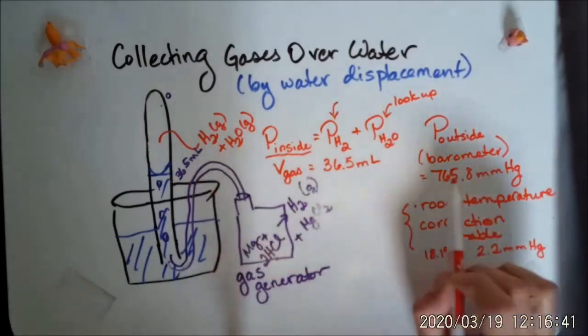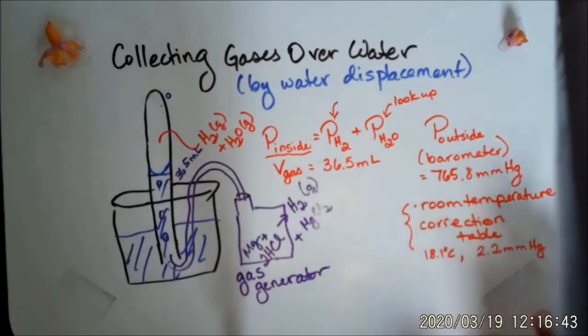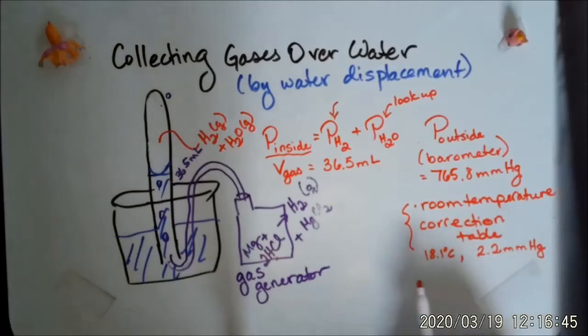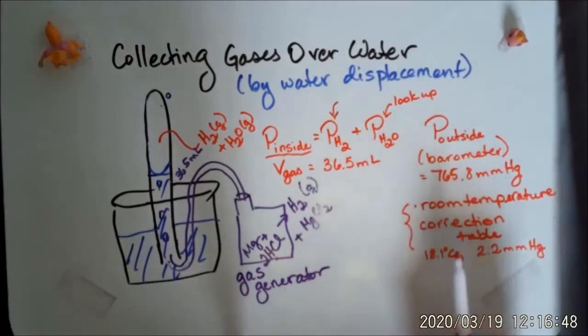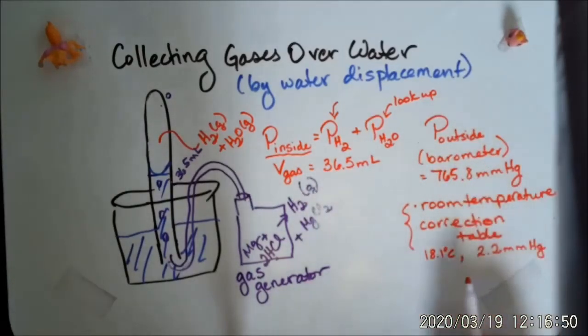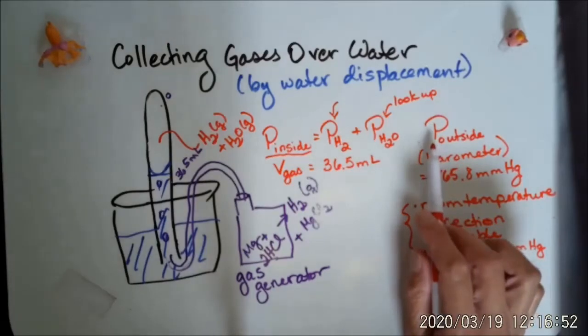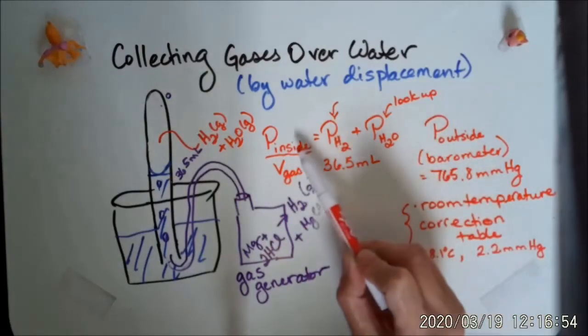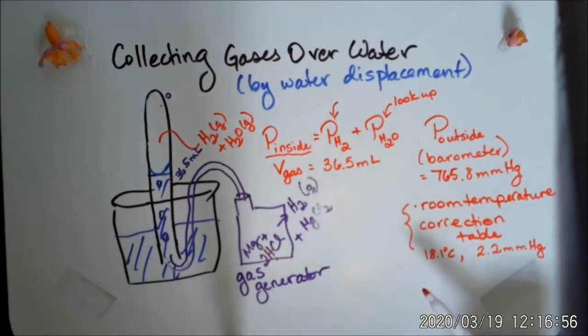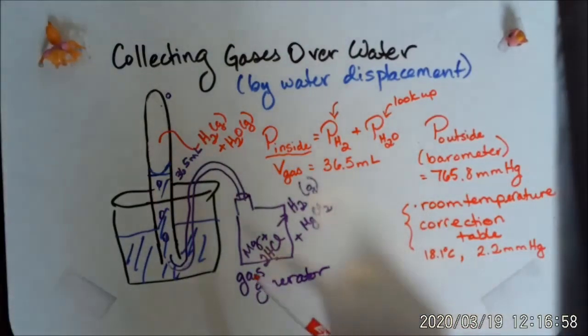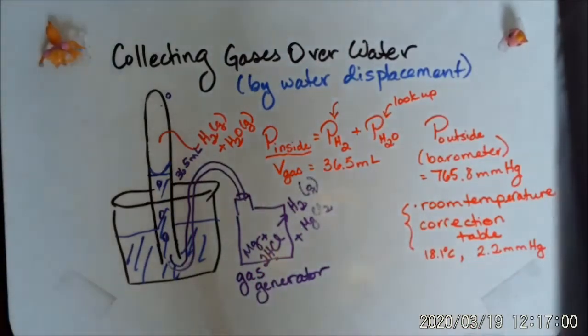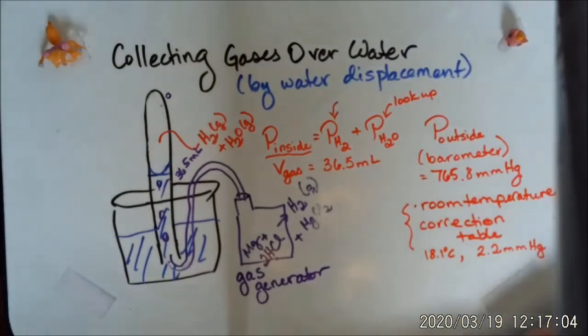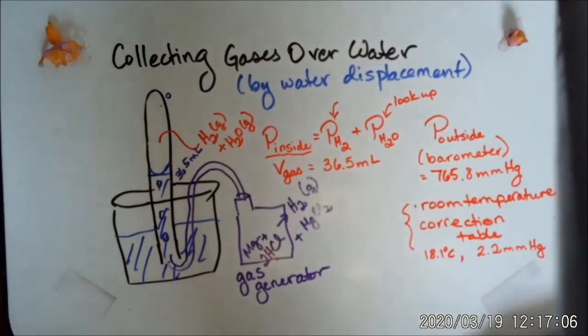Okay, so now that we know this, what do we do with all this information? Okay, so if I have my corrected outside pressure, then how does that relate to my inside pressure? Okay, so let's just go through and take a look at this diagram. Okay, what do you think about my outside pressure?